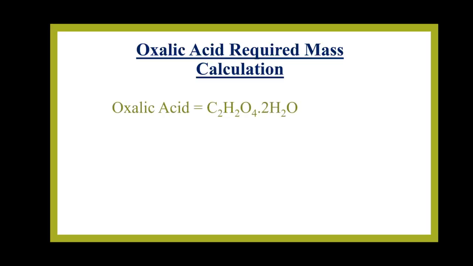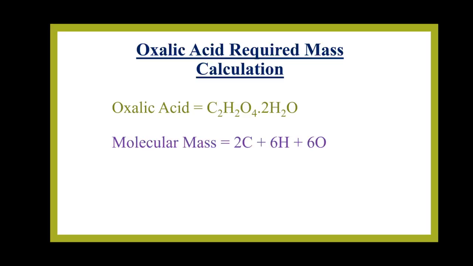Before the calculation, you should know the chemical formula of that particular substance, right? Here the chemical formula of oxalic acid is C2H2O4·2H2O, right? From that chemical formula, you can calculate the molecular mass.